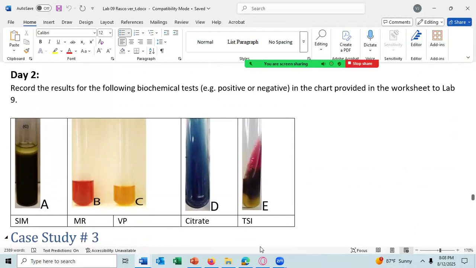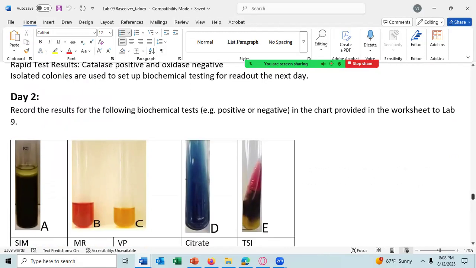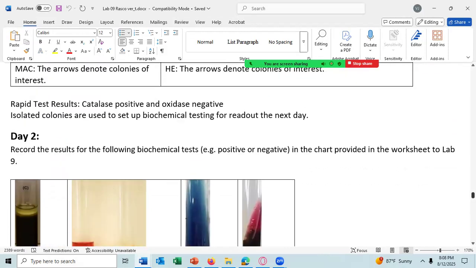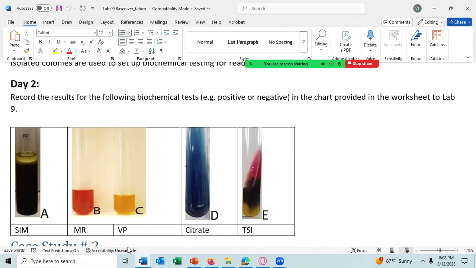There is indole in that, because we have SIM here and you add Kovacs reagent. And so there's the presence or absence of indole up there. All right, so fill in the chart there and then take a look at these tests and interpret what the tests are.